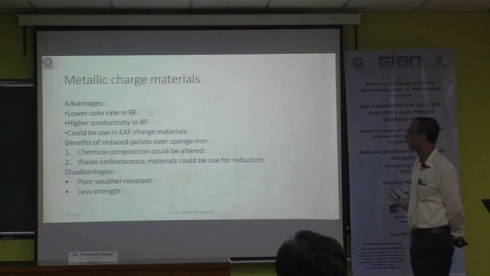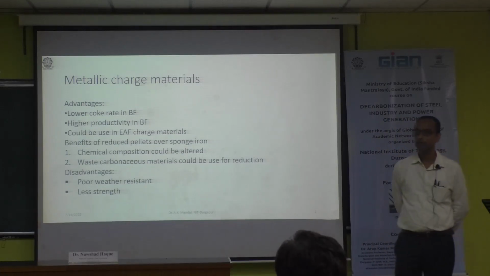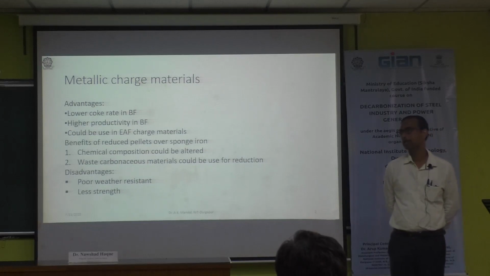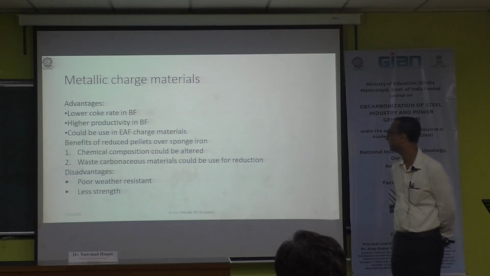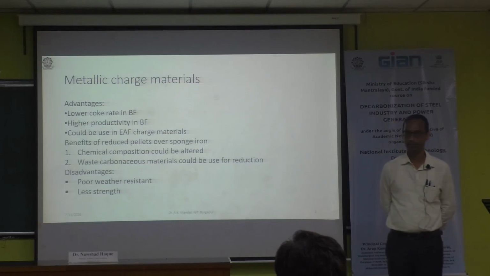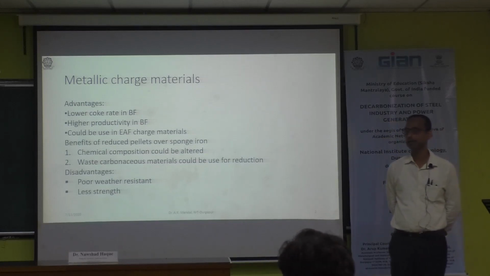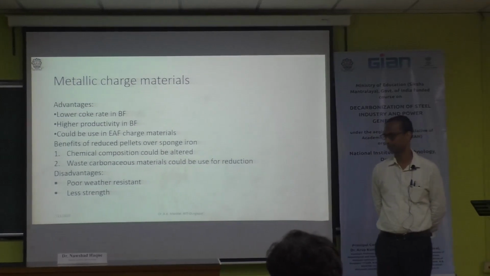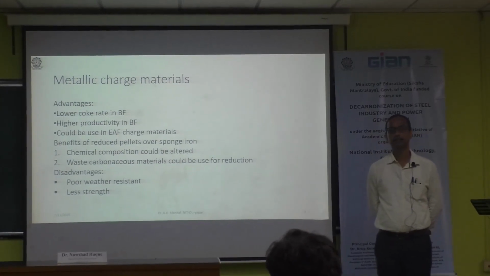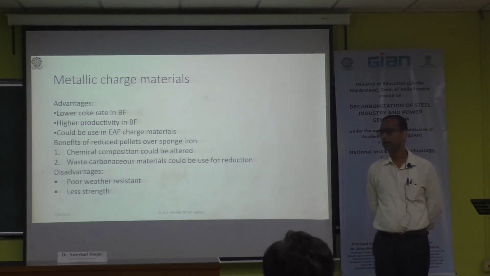So the benefit of normal sponge iron means from the lamp or and sponge iron from pellets, you can get the benefit like chemical composition you can alter. Like suppose your pellet you will charge in blast furnace. Your aim is to produce foundry grade iron.